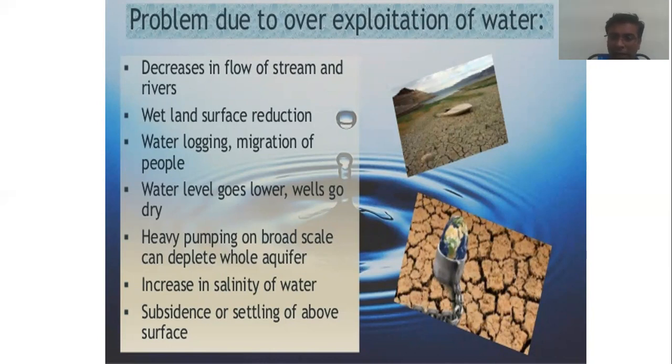So when it reaches that level, the salt water may enter into the coastal zones. That is known as intrusion of salt water. And water levels go dry. Heavy pumping on broad scales can deplete whole aquifers. These are the over exploitation effects.